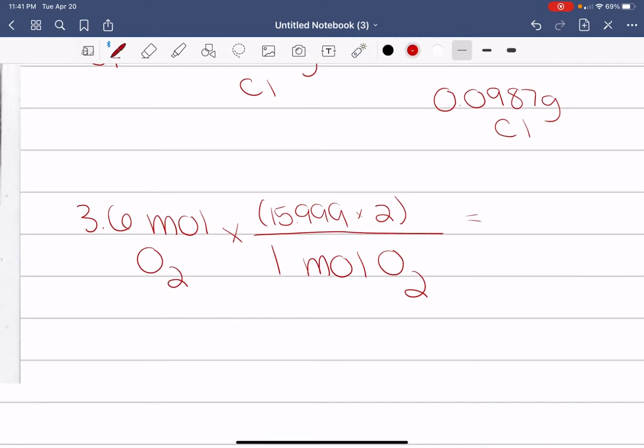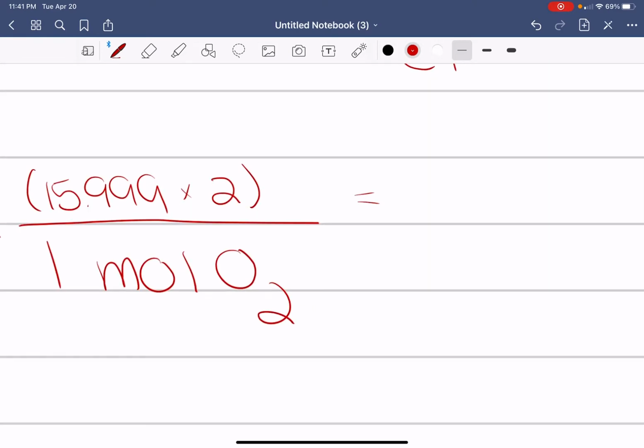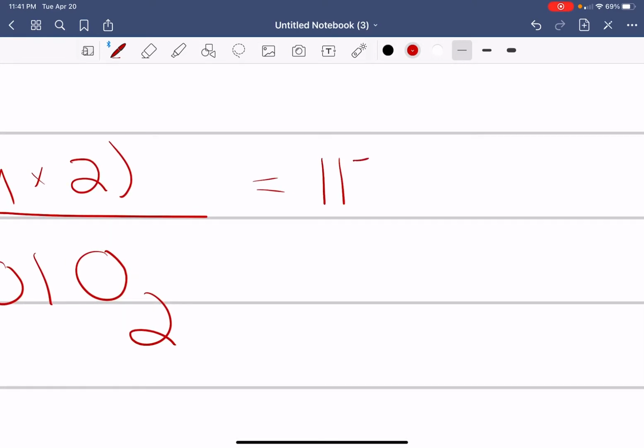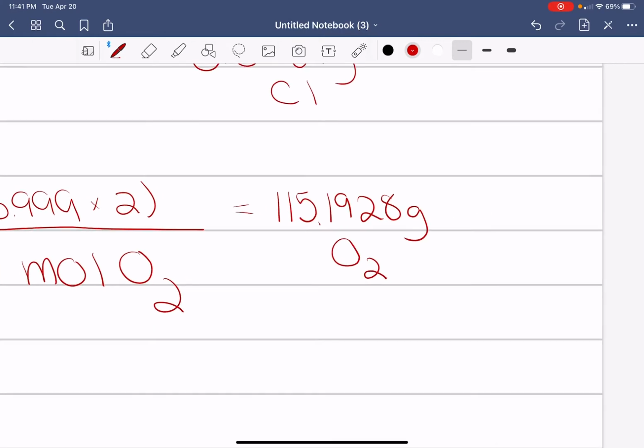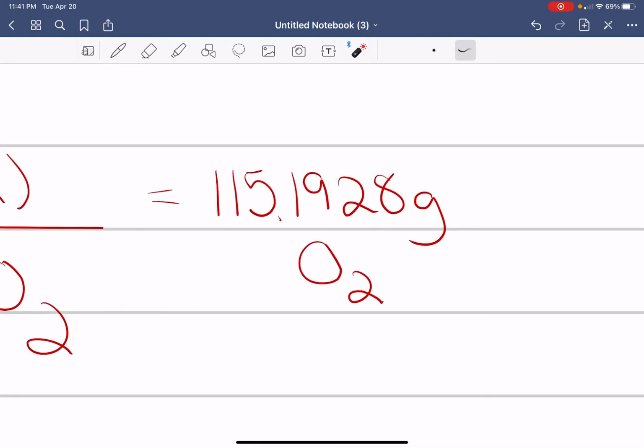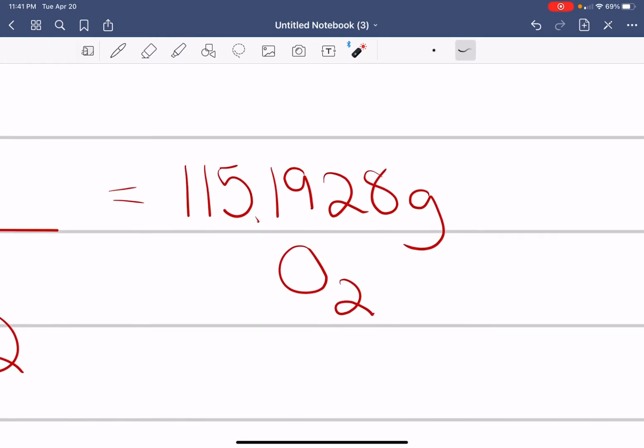So this would equal 115.2 grams of O2. And just like the first example, you would want 2 sig figs.